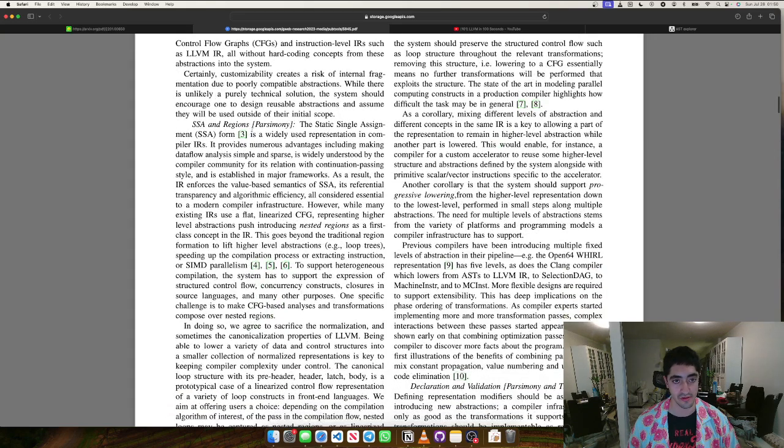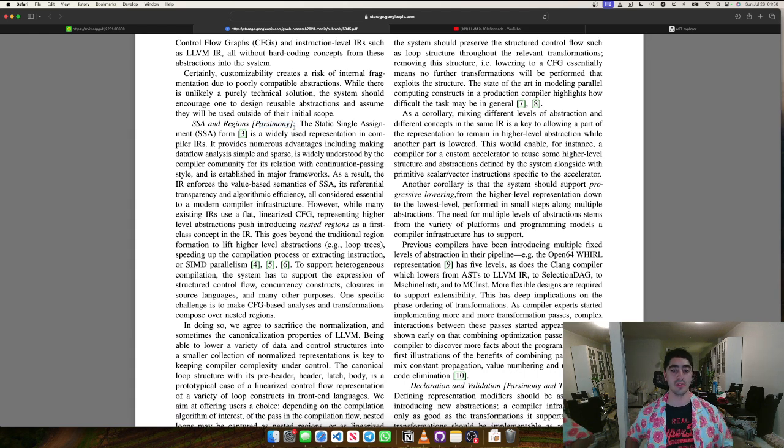SSA and regions. Again, the parsimony part that basically cares about customizability of your intermediate representation. The static single assignment SSA form is a widely used representation in compiler IRs. It provides numerous advantages, including making data flow analysis simple and sparse.